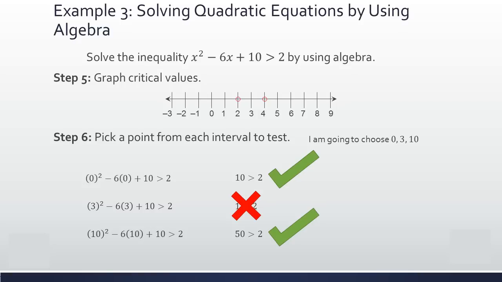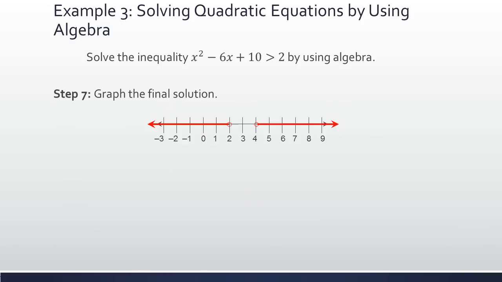So now I can identify my interval which holds true for this inequality. So I'm going to graph that final one. My final solution is -infinity to 2 and 4 to infinity, not including 2 and 4. When I write that as an inequality, I get x is less than 2 or x is greater than 4.